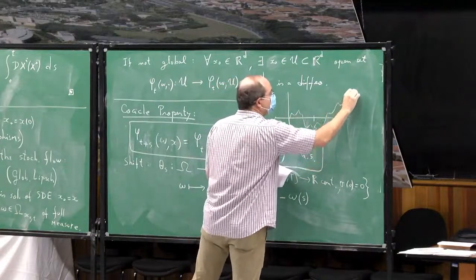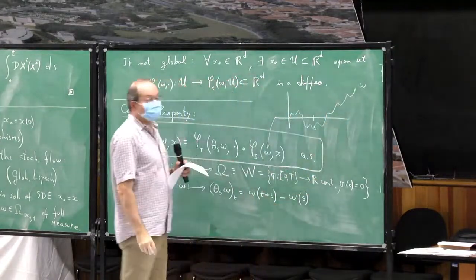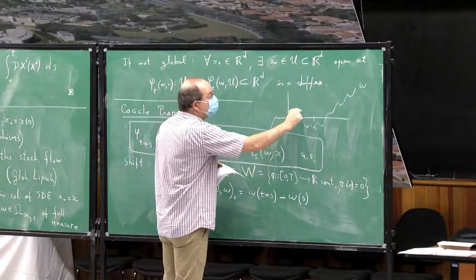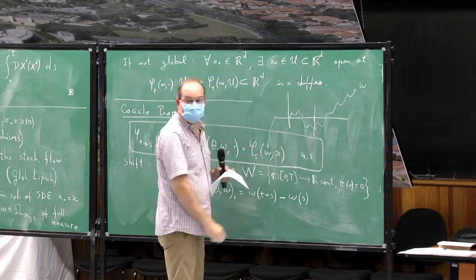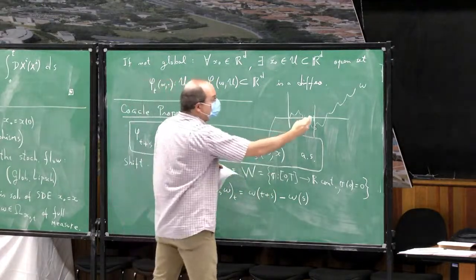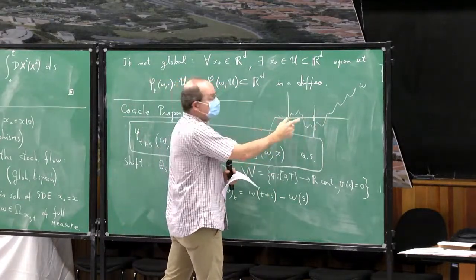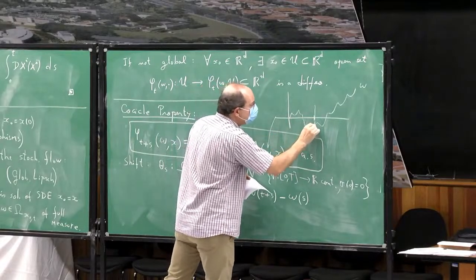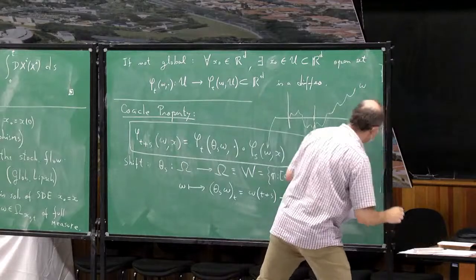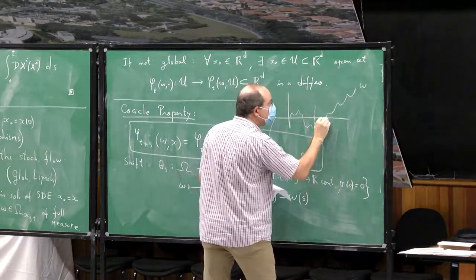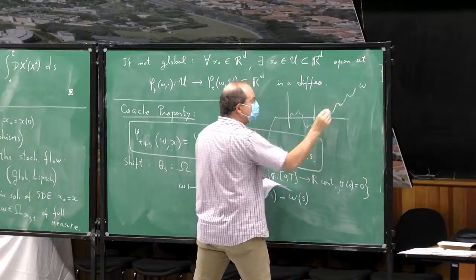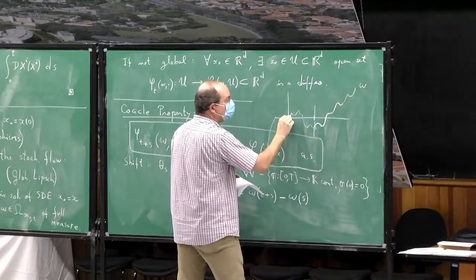So if you have an omega like that, it means I have already followed all the instructions up to time s. From now on, ignore what has already been followed, and put this segment here. What happens? Put this curve back at zero.